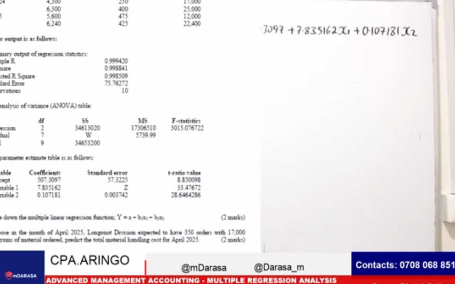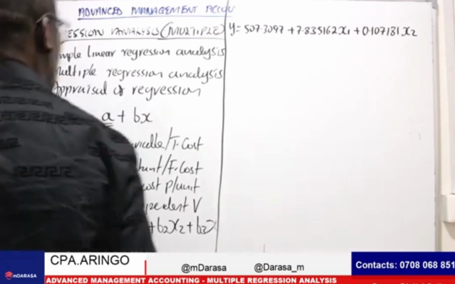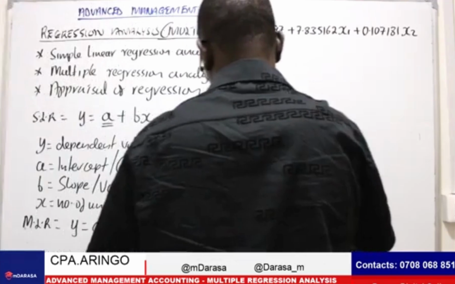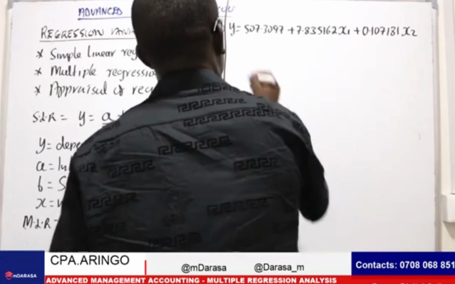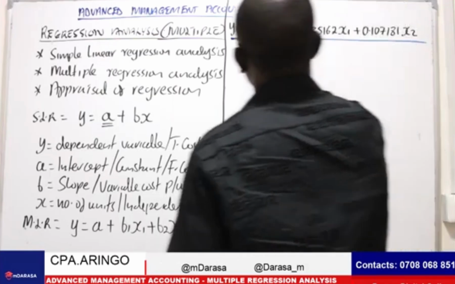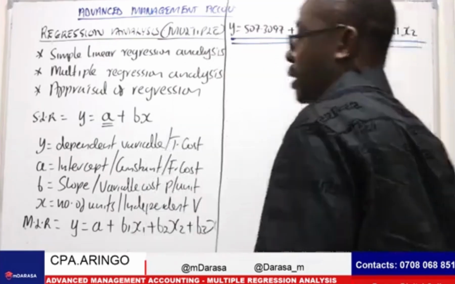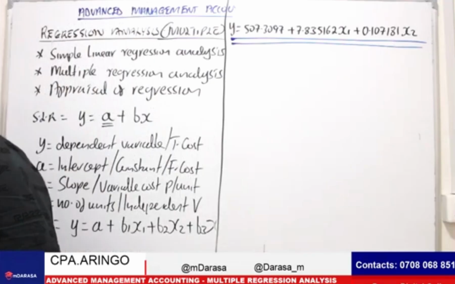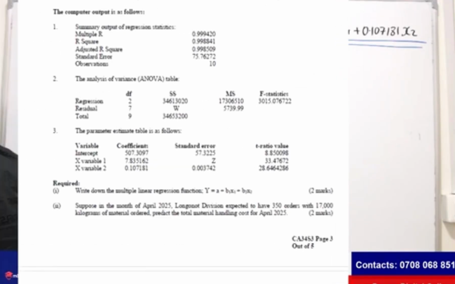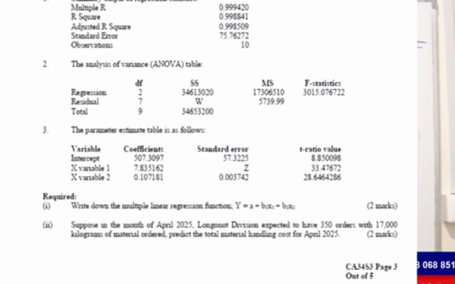So what we've done simply is present our equation. This is the first thing that the good examiner wanted us to do. We're through with that. Part 2 of the question: if we check part 2, see what is asked.